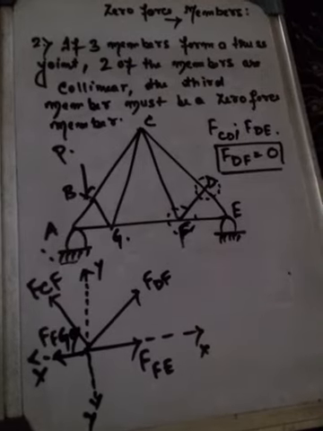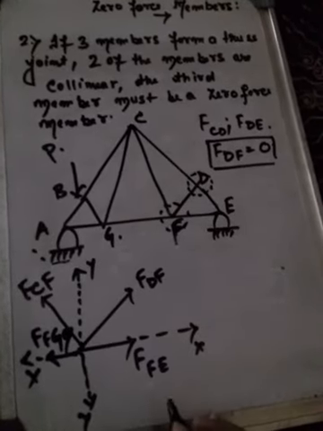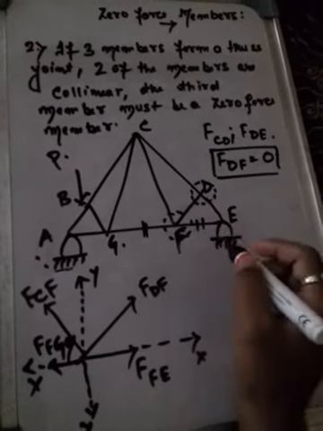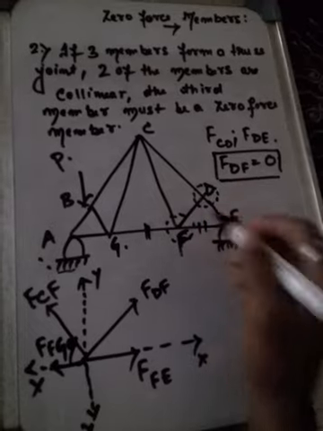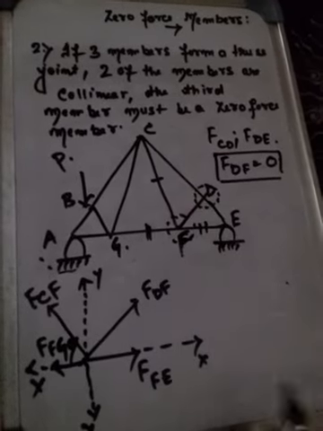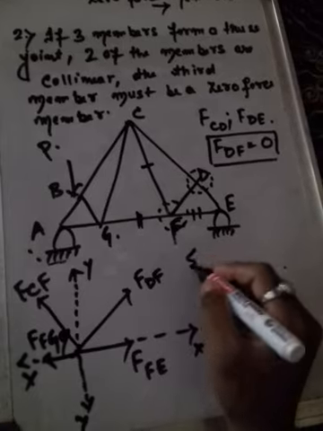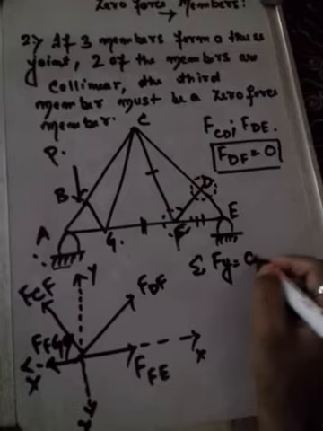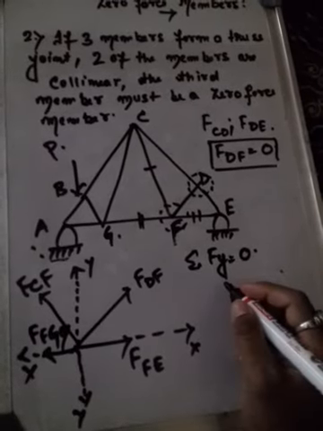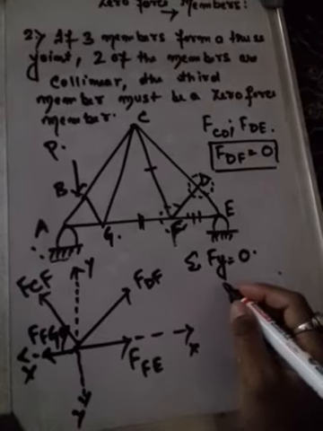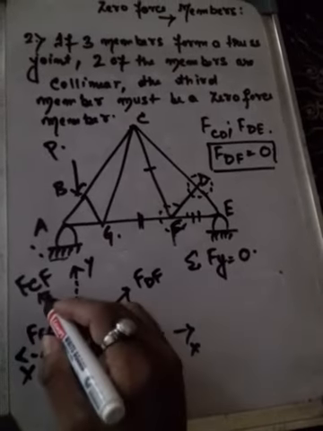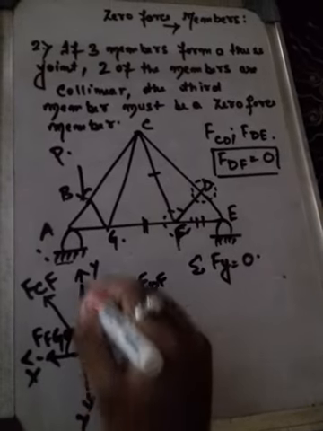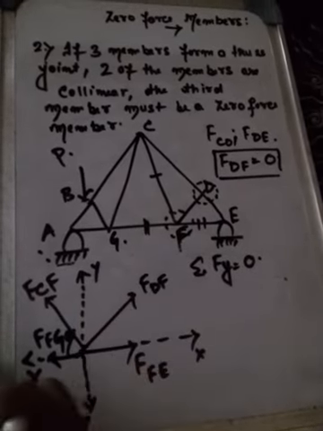Now here, these two members are the collinear members, so the third member will be a zero force member. Just do this condition: summation of all the forces acting in the y direction is equal to 0. In the y direction we get the sine component of FCF, right? This is the angle theta, so this will be the sine component and this will be the cos component.